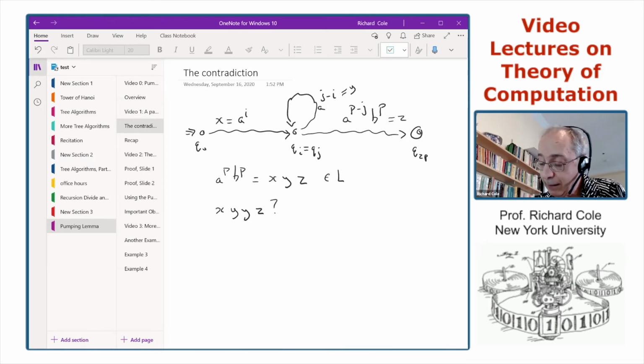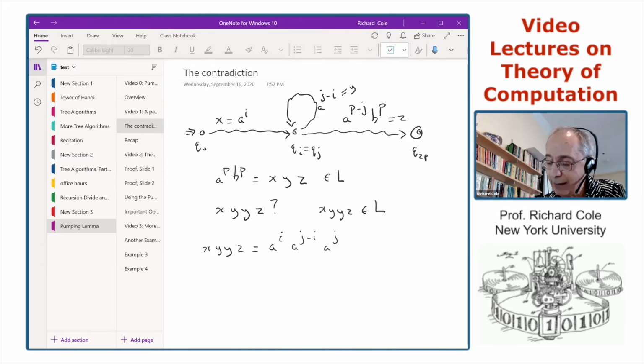And that means that x, y, y, z is also in my language L. But what is x, y, y, z? xyyz is A to the i, A to the j minus i, A to the j minus i again, and then A to the P minus j, followed by P B's.